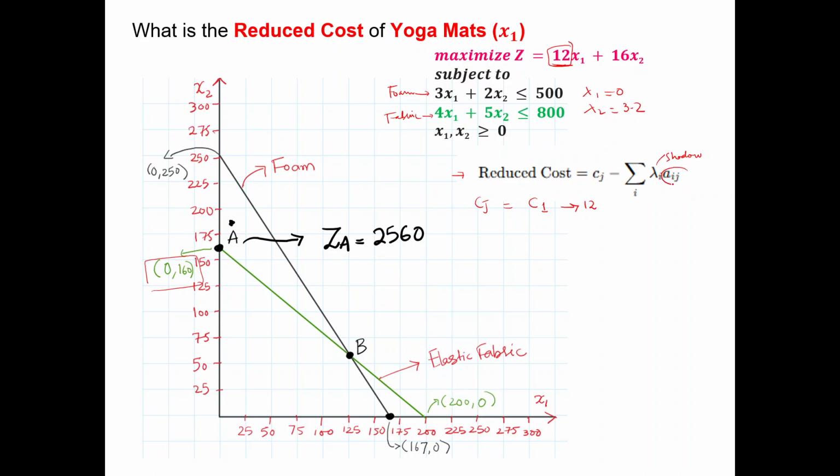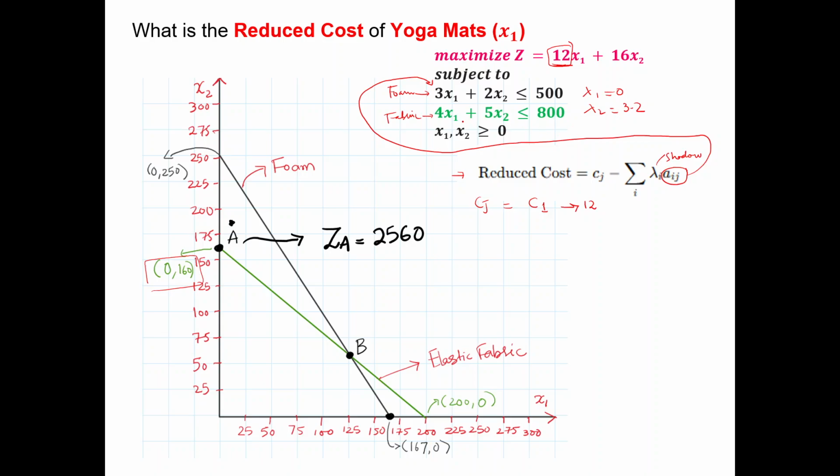And then what is Aij? Aij represents the coefficient of the variable in the constraints. We have two constraints.